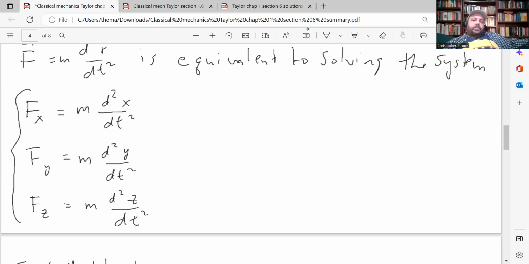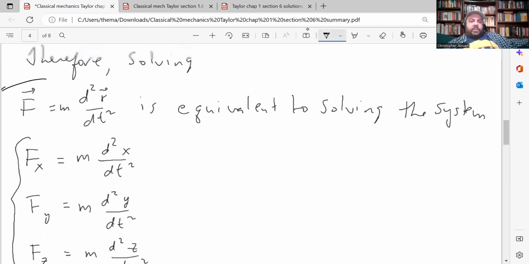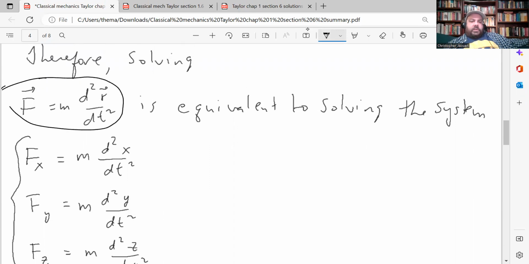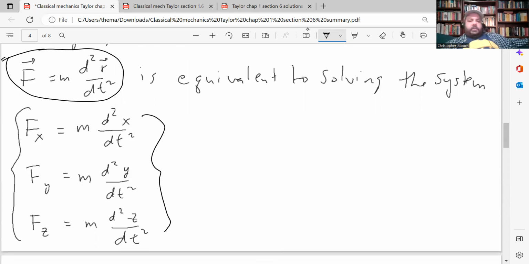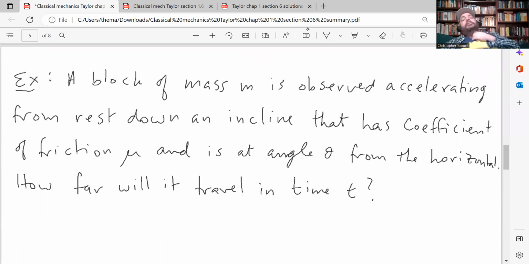So solving the mechanics problem using Newton's second law, if you're in Cartesian coordinates, is equivalent to solving these three differential equations simultaneously.